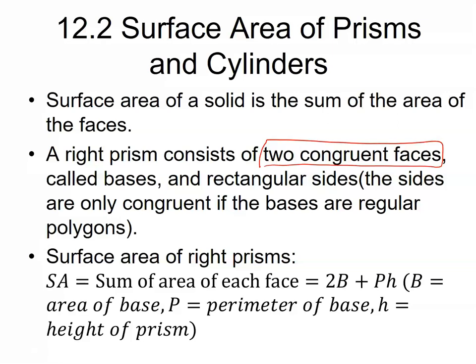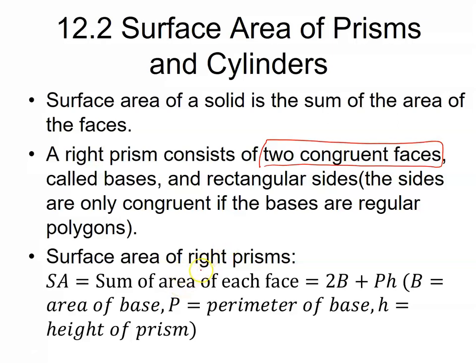All right, so now surface area. To find the surface area of a solid, it's just the area of all of the faces combined. So it's just the sum of the area of each of the faces, and the faces are the flat surfaces around the shape.